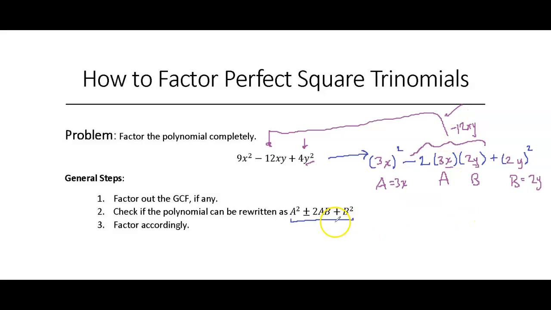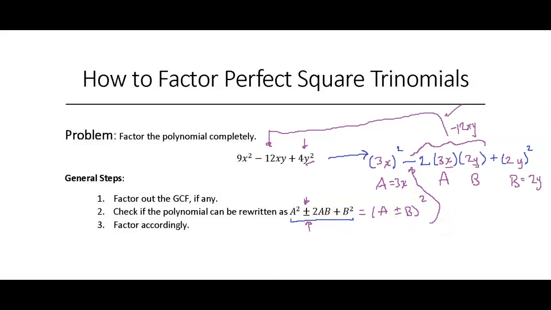Since it can be rewritten in the form that we want, it is a perfect square trinomial, meaning it could factor to a plus or minus b to the second power. Now it's going to be plus if we had a plus between the first two terms, and it's going to be a minus if we had a minus between the first two terms.